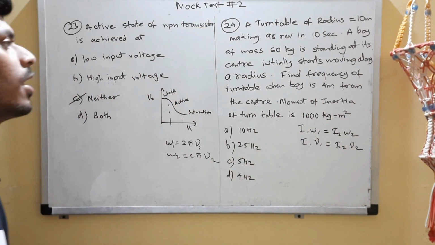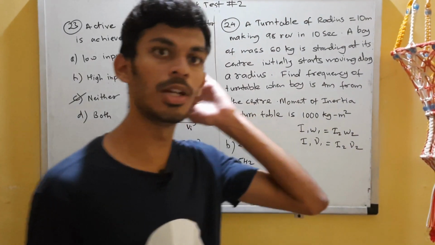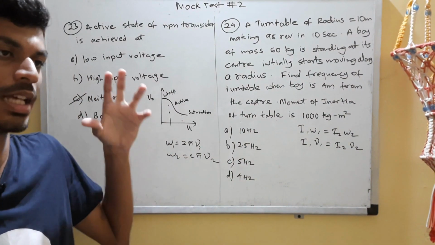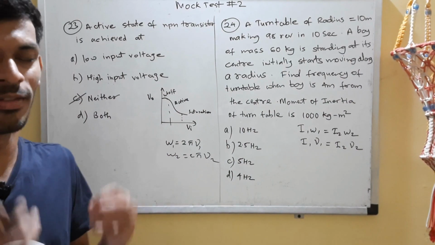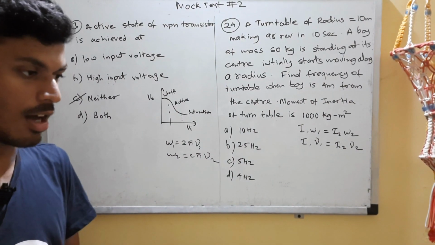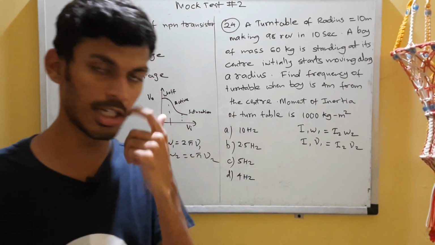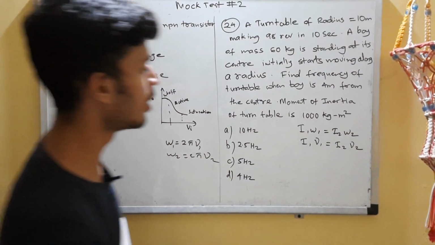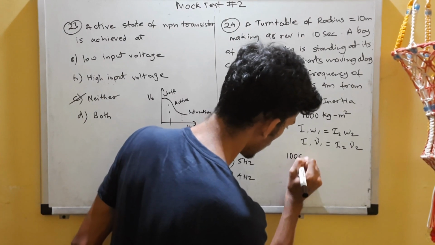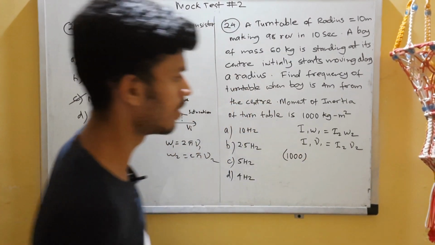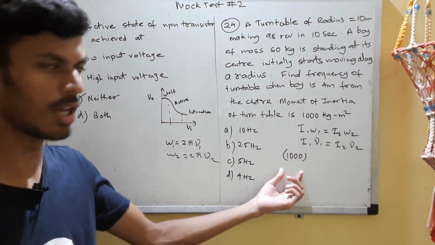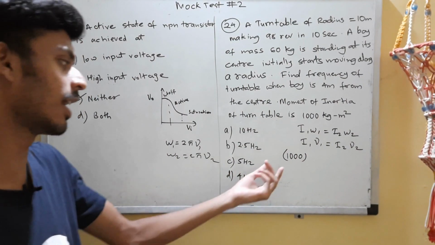Now I1 is the moment of inertia initially, when the boy was standing at the center. When he's standing on the axis, there is no moment of inertia of the boy. The moment of inertia is purely due to the turntable, so I1 is 1000. Moment of inertia of the boy is not considered over here, he is standing at the axis.